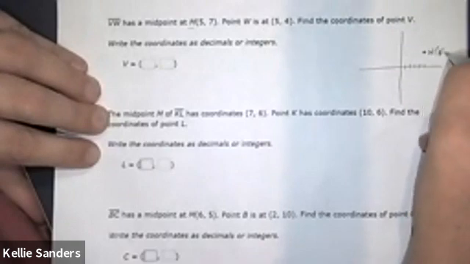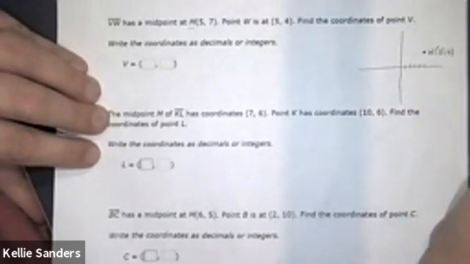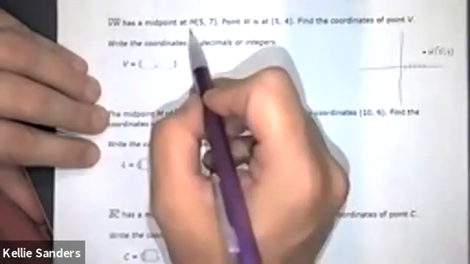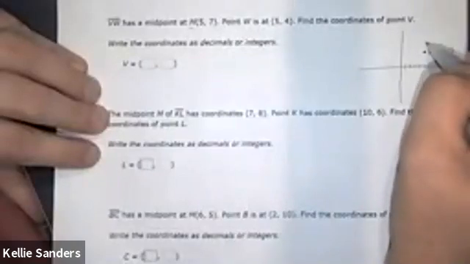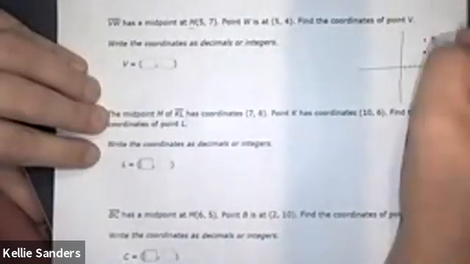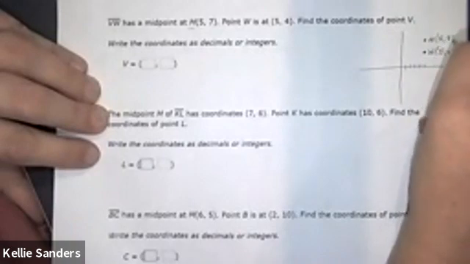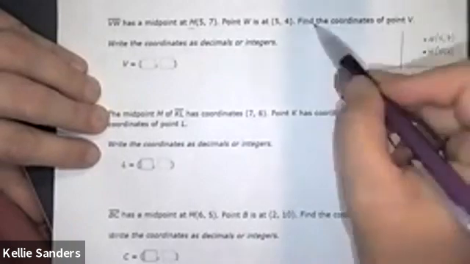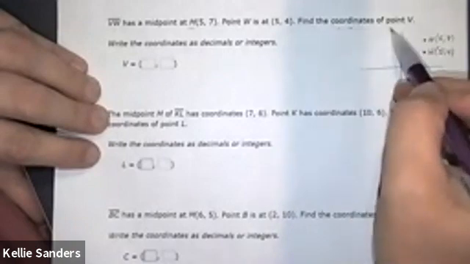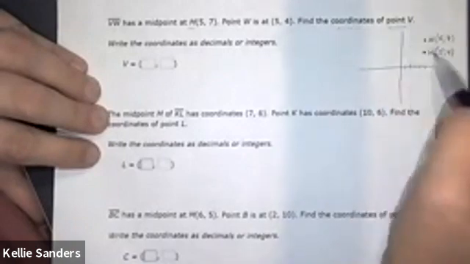So this is W, and it is at (5, 4). M, which is the midpoint, is at (5, 7). So 1, 2, 3, 4, 5, 1, 2, 3, 4, 5, 6, 7. So this is the midpoint, and it's at (5, 7). The question is, find the coordinates of point V.